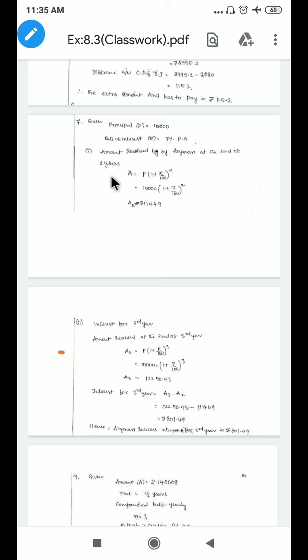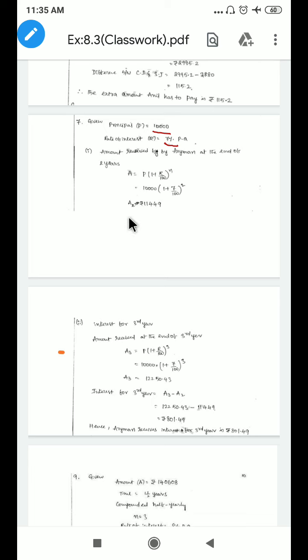Hariman invested 10,000 in a company. He would be paid interest at 7% per annum compounded annually. Find the amount received by him at the end of 2 years. Here it is compounded annually at 7% per annum. Principal is 10,000. Now you have to find the amount.